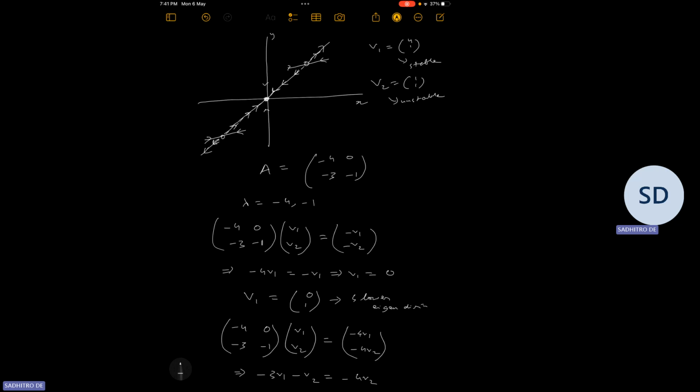What happens is that all these trajectories would try to become parallel to the y-axis as they approach the origin.